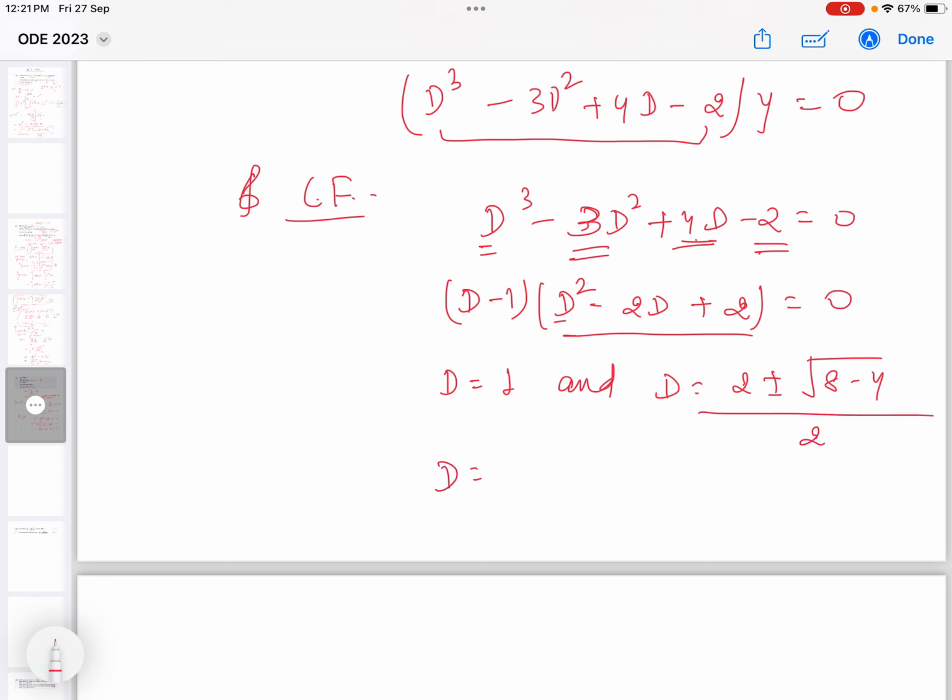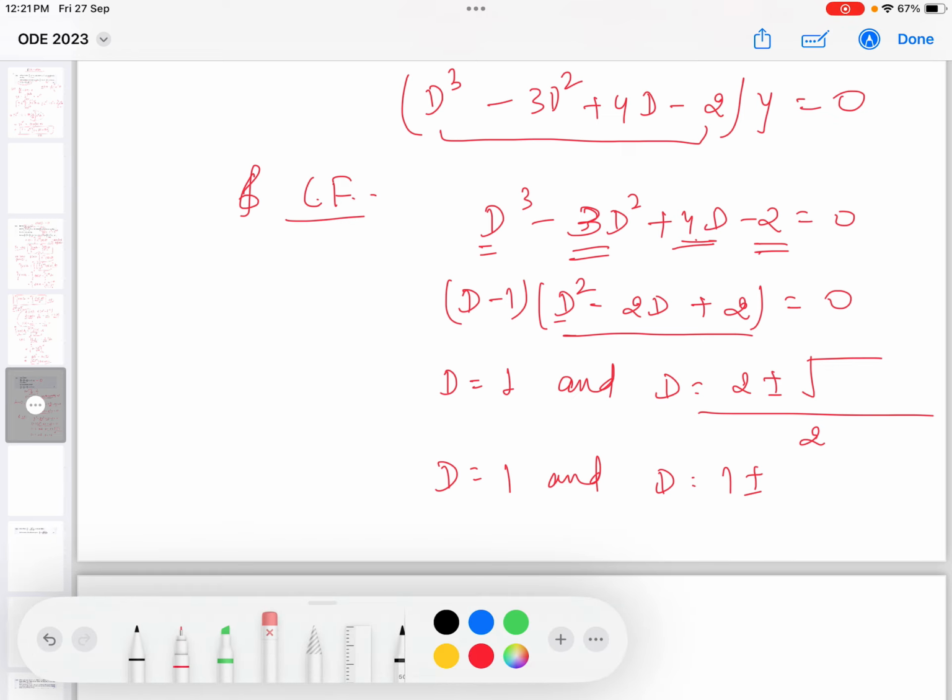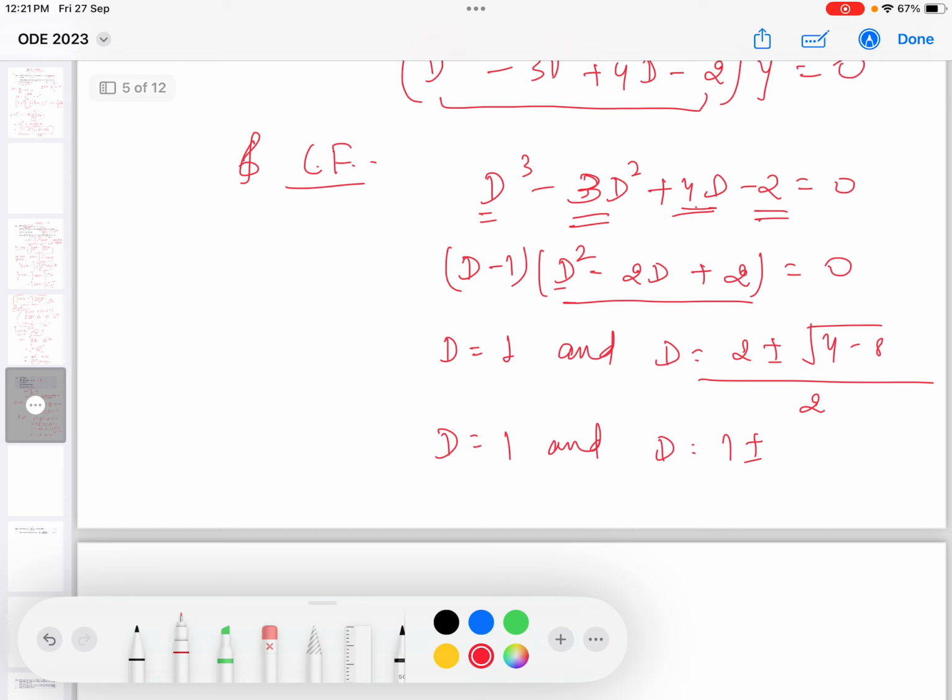So D is equal to 1, and D is equal to 1 plus minus... it should be b square minus 4ac, so it becomes 4 iota, something like this. 4 comes out to be 2, then 2 divided by 2 becomes 1.